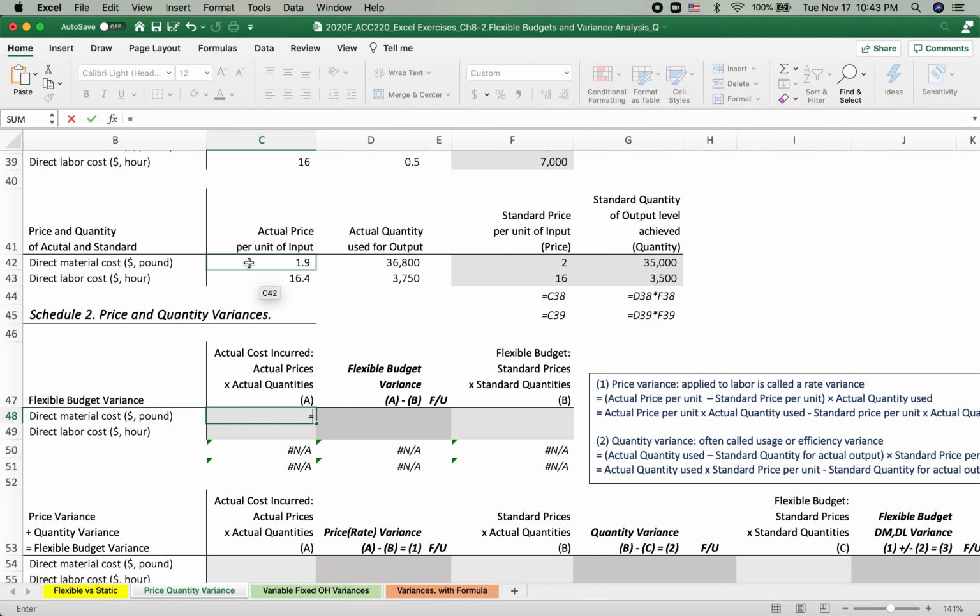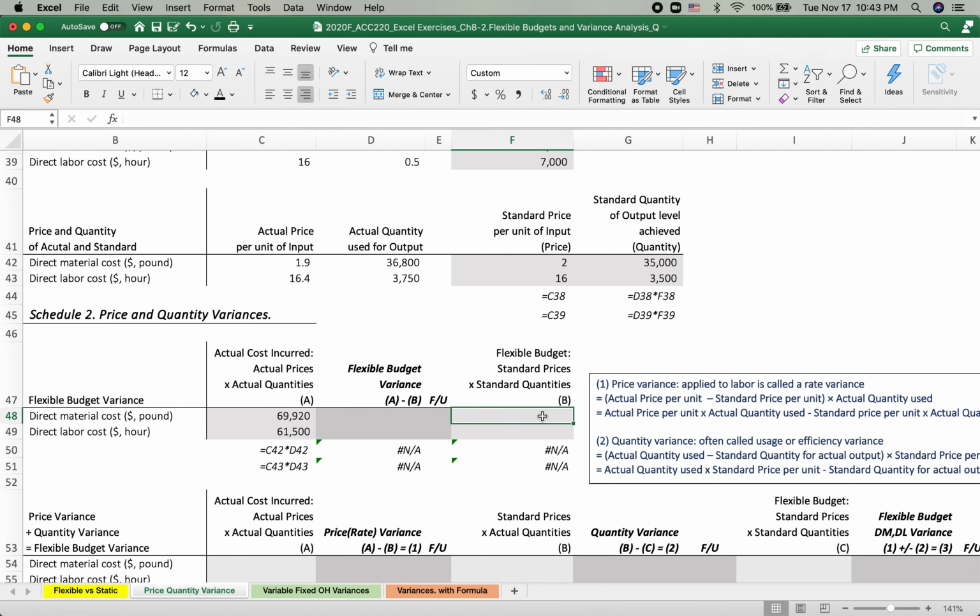So actual price times actual quantity. So we got 69,920. In the same way, we'll just multiply. And then the flexible budget, based on the intermediate calculation procedure, we got the standard price and the standard quantity times 35,000.